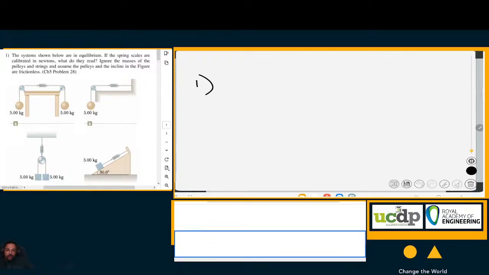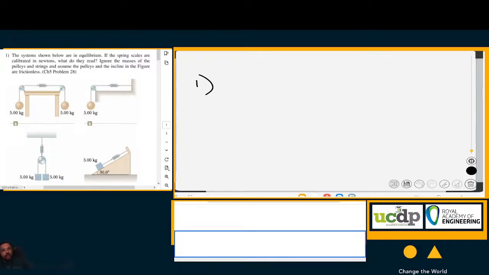Let's look at question number one. Question one on the laws of motion says the following. The systems shown below are in equilibrium. It means there is no net force for all of those systems. If the spring scales are calibrated in newtons, what do these spring scales read?